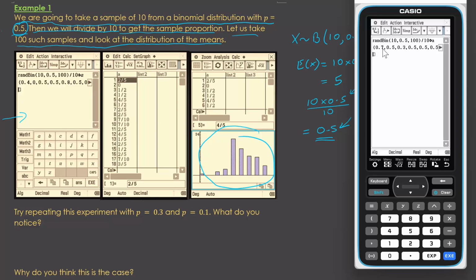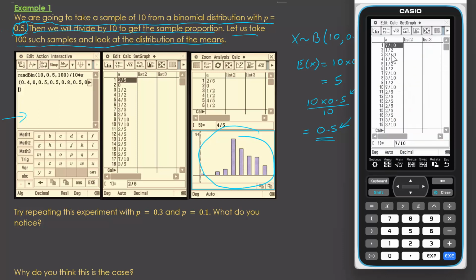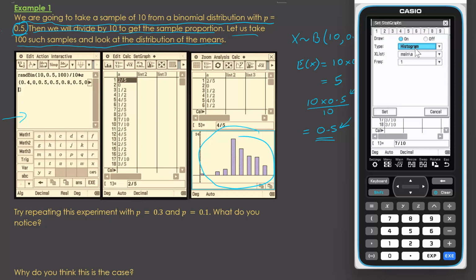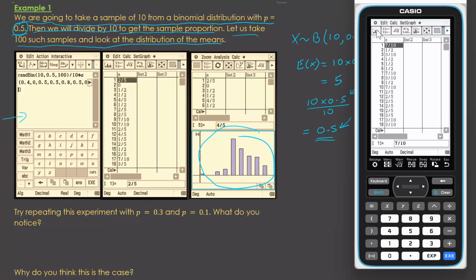So the first one's 0.7, then 0.5. Let's go back into statistics, 7/10, half. Yeah, that looks like it. And let's check that our graph's set to histogram, main A. That's all good. And let's do the histogram.